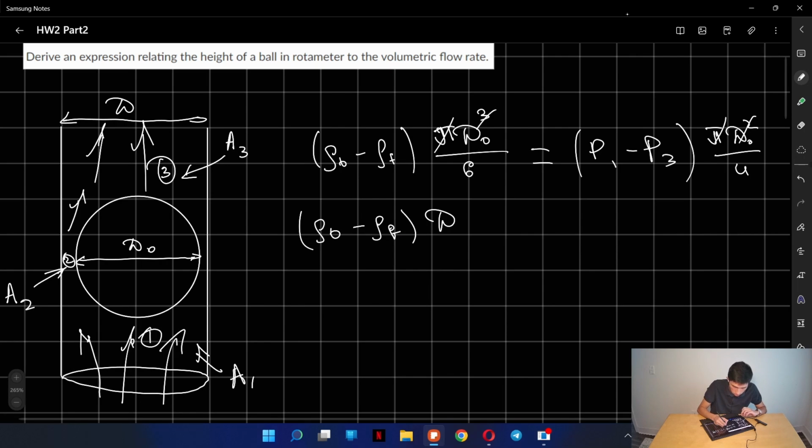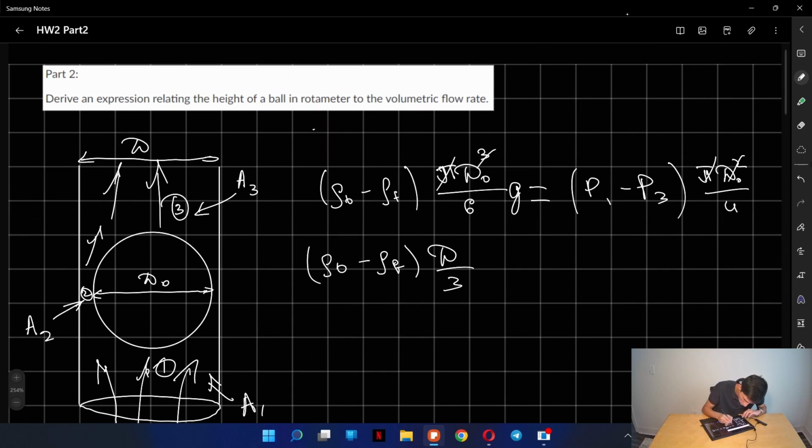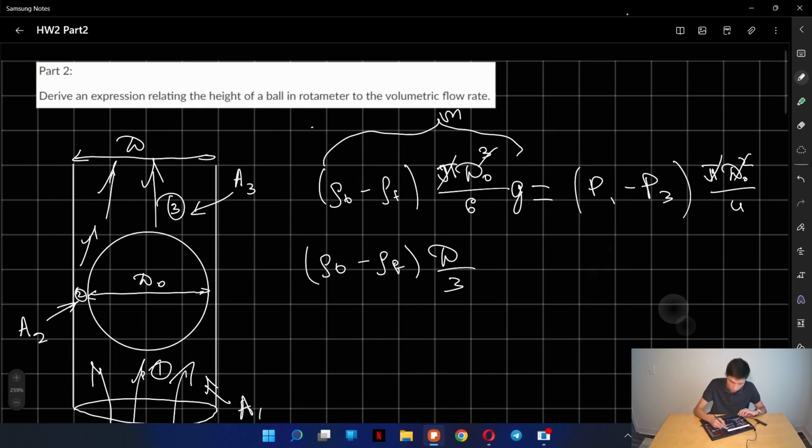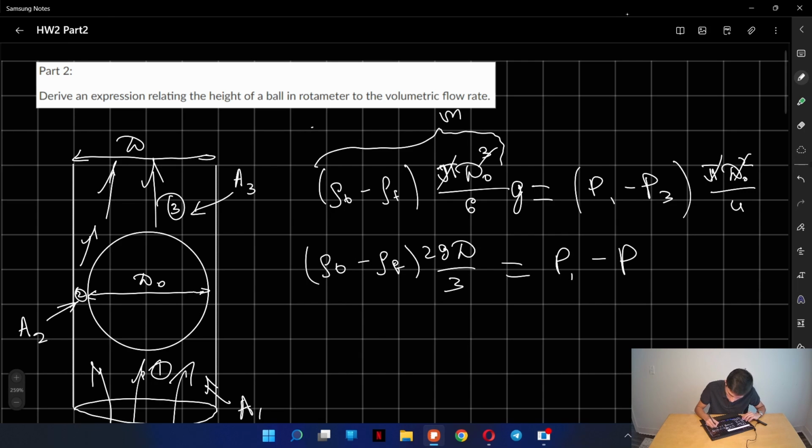Oh, I just noticed I forgot g. This was our mass without including g, and the force is mass times the gravitational acceleration, so I should multiply that by g. And in the numerator, we're going to have 2gD0 equals pressure at 1 minus pressure at 3.